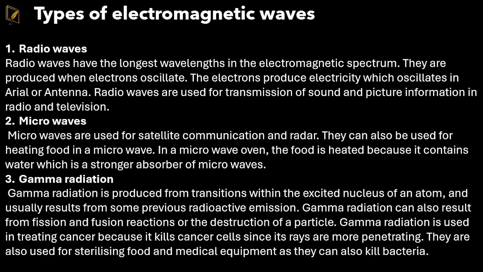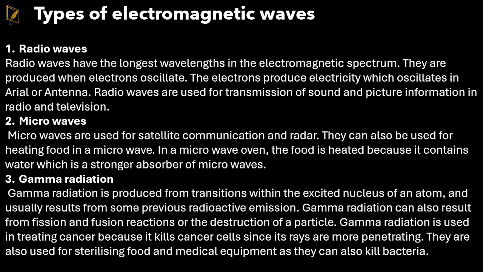Wherever there is nuclear fusion or fission, which is just the splitting or joining of atoms to form a bigger or a smaller molecule, we will learn them in detail when we look at radioactivity or nuclear physics. So whenever there are these types of reactions, a gamma radiation is emitted.